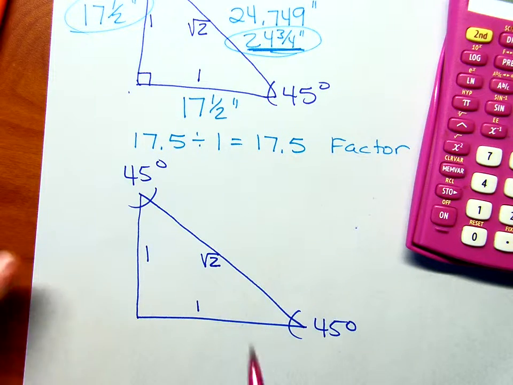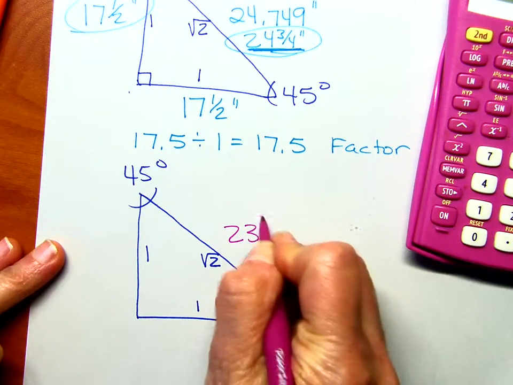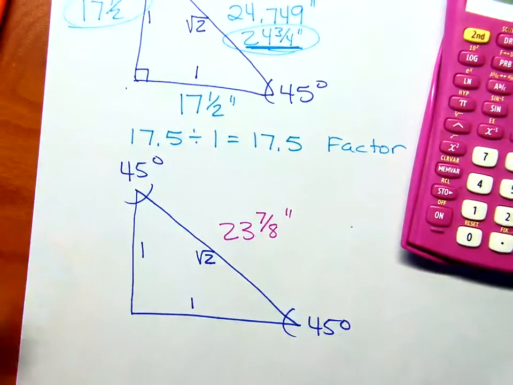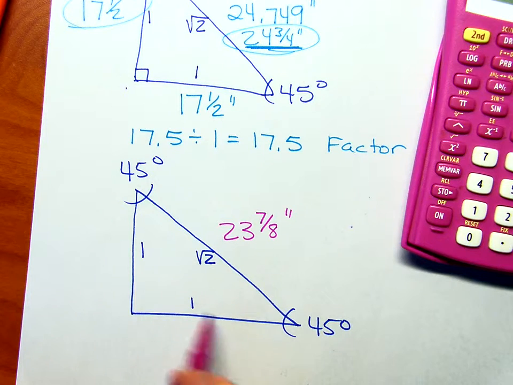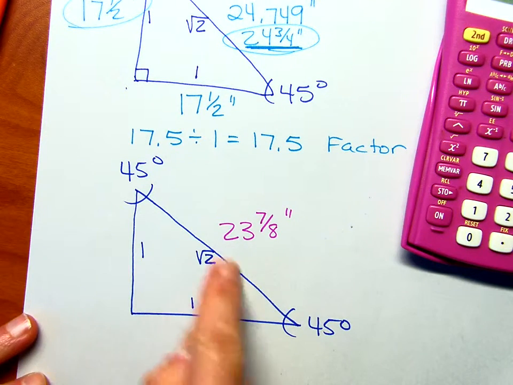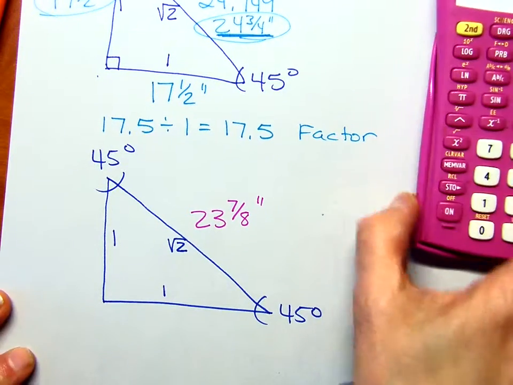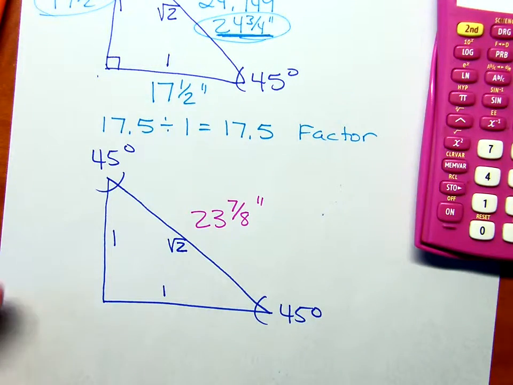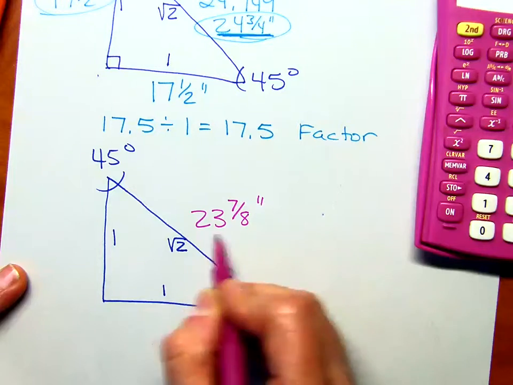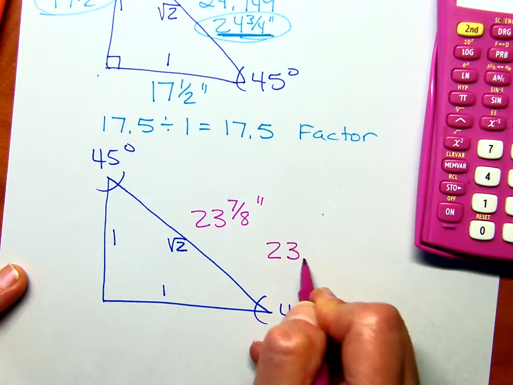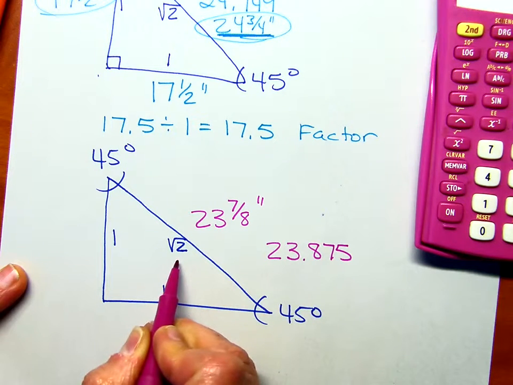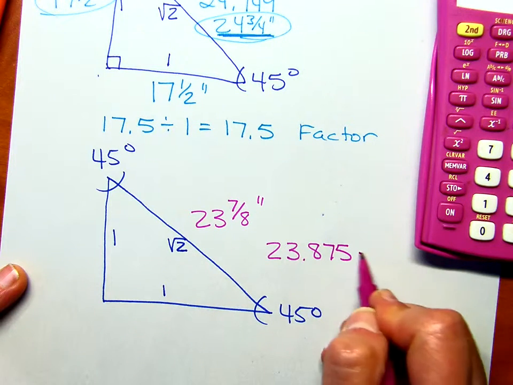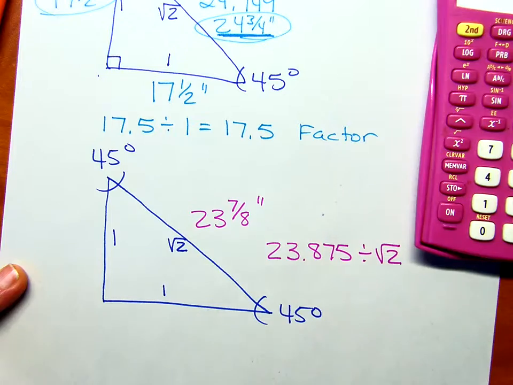And let's say that we have 23 7/8 inches for the hypotenuse, and I want to now figure out what my A and B sides are using this relationship. So again, we want to find the factor, and we do that by taking the number given and dividing by the sides relationship. So we're going to divide by the square root of 2.